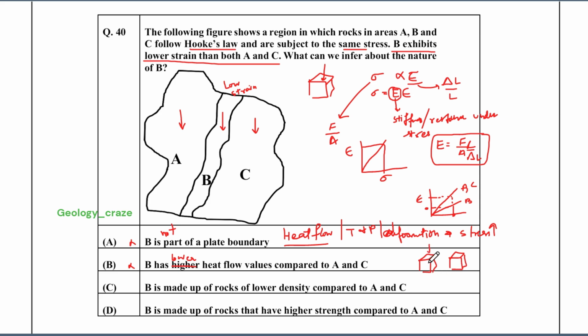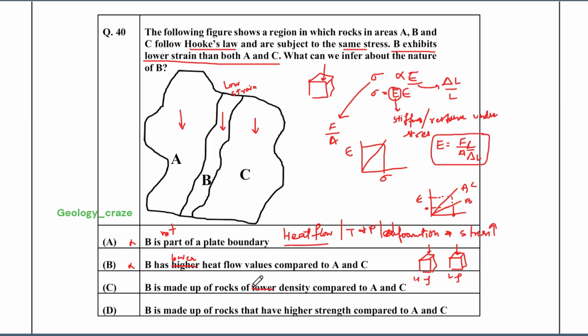We are applying the same force on both bodies, only the density varies. Here we have a low, here we have a high. The higher one is having low strain.